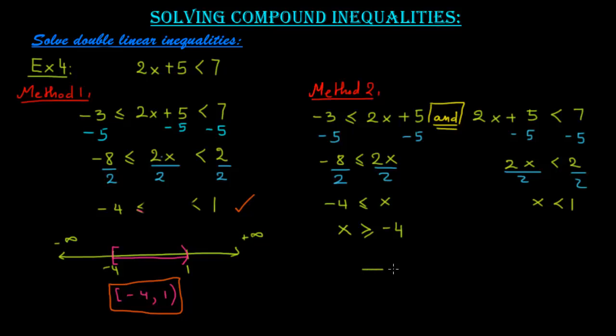Now we're going to graph this one. Make the number line, -infinity, +infinity. We practiced with this problem a lot before, so I will go quickly on this. -4 goes first and then 1. Put the inequality sign at -4. From that point we go to the right with the equal, so that will be a bracket.